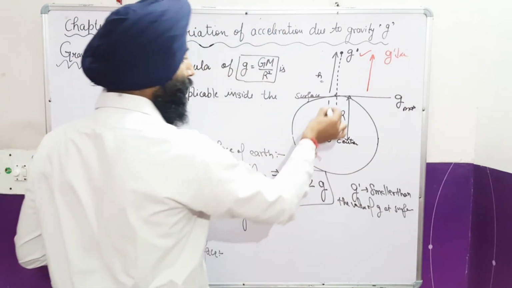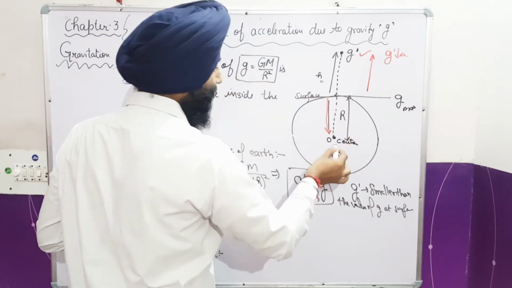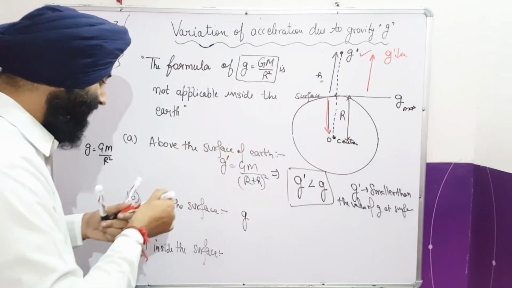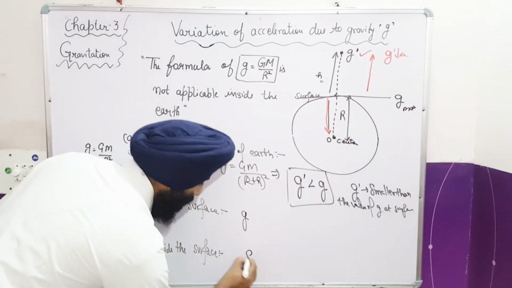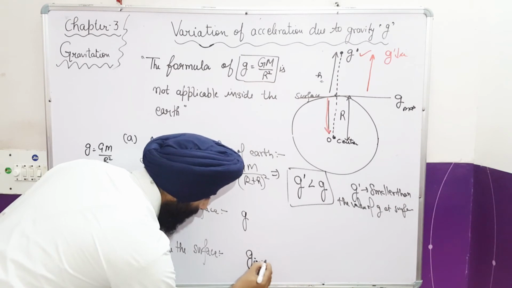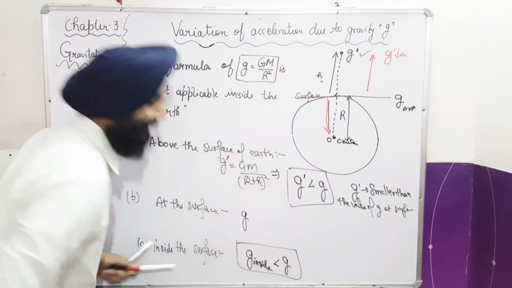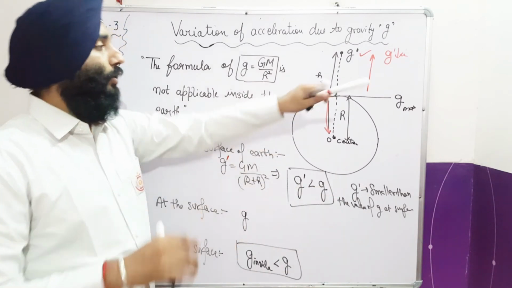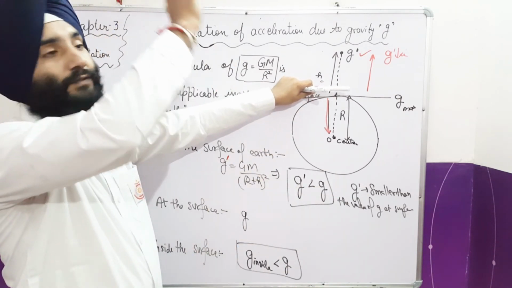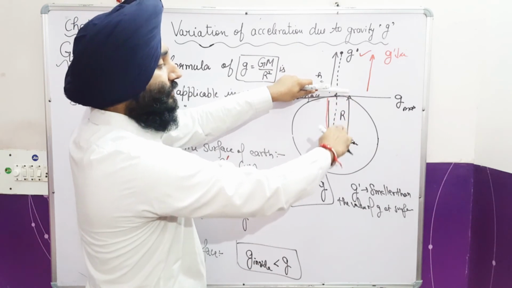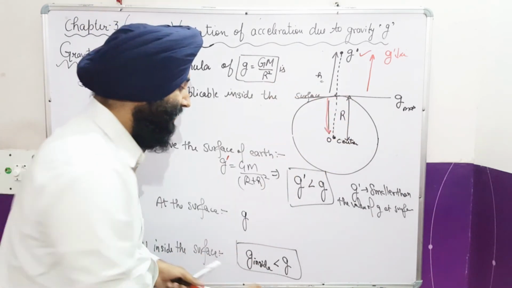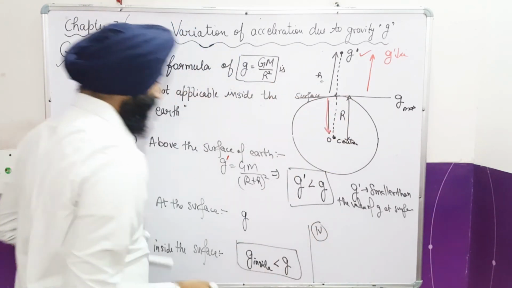Similarly, as we move inside the surface, बच्चे, the value of g again decreases. It means suppose as we go inside, gravity inside should be less than the value of g. ठीक है, same as above the surface. So above the surface भी value of g decrease होती जाएगी, inside the surface भी value of g decrease होती जाएगी.